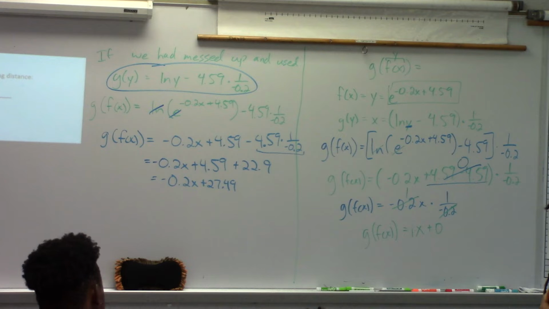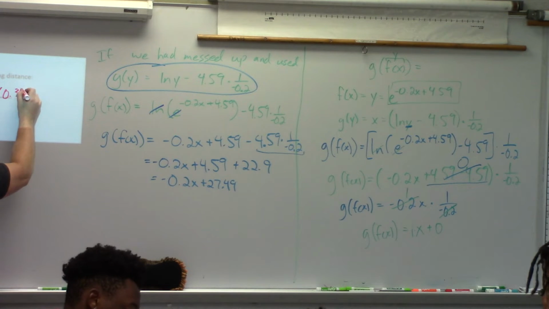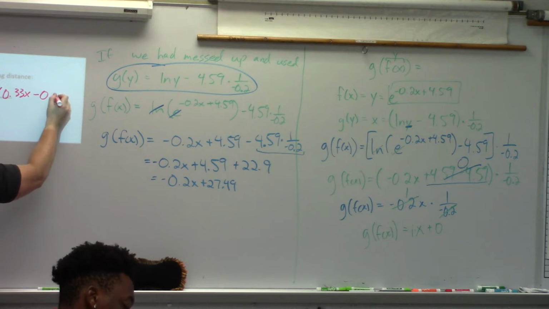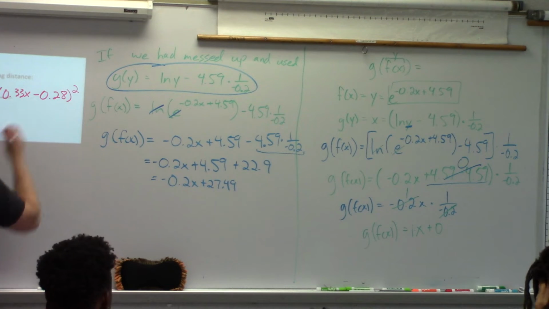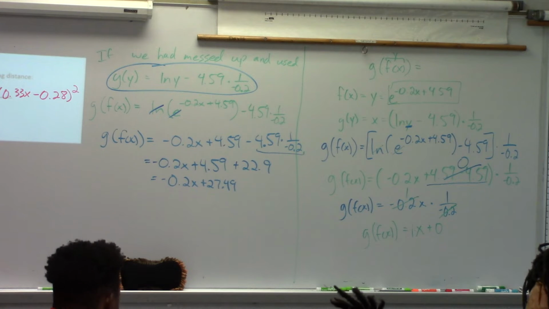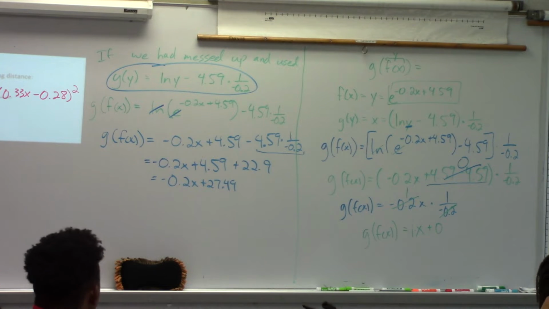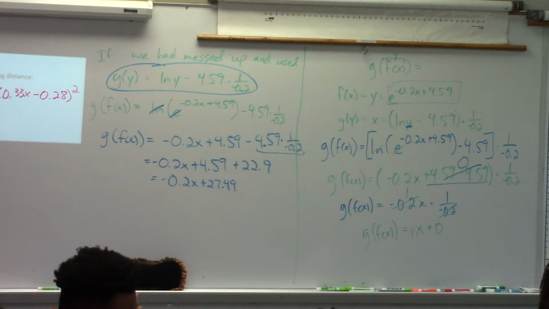So y equals f of x equals 0.33x minus 0.28 squared. Why did you do that? Well, because I want you to remember that y is equal to f of x. You could have just written y equals, or just f of x equals.